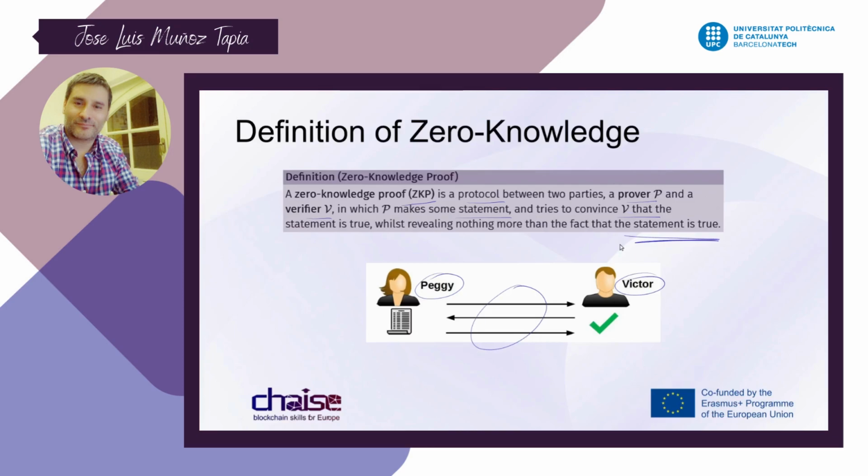Let's see how to build a proof for some statement, and then see if we are doing it in zero knowledge or not. For example, consider that we have a card. We pick a card from a poker deck.